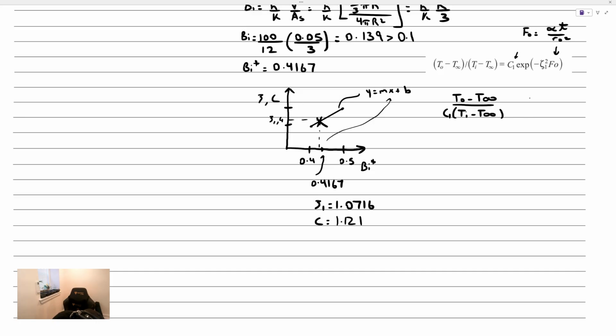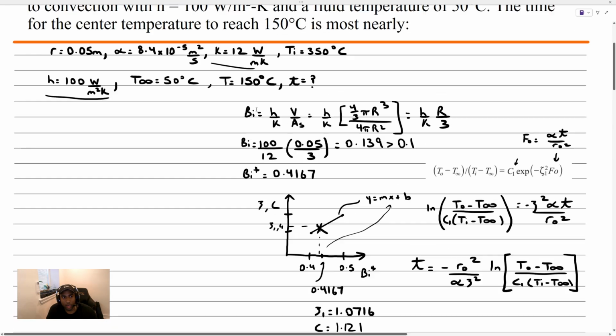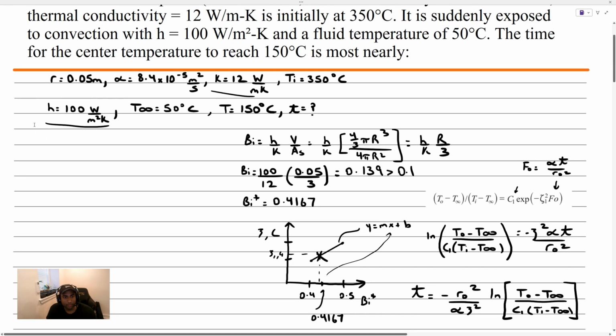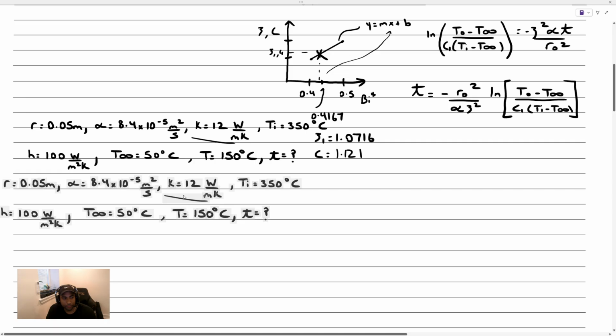That's equal to e raised to the negative zeta squared Fourier. I can take the natural log of both sides to get rid of that e term. And then I have a negative zeta squared alpha t over r naught squared. I'm going to go ahead and solve for t. So I'm going to grab some of these inputs up here, which I compiled, and we're just going to plug into this formula. And then we'll have our solution.